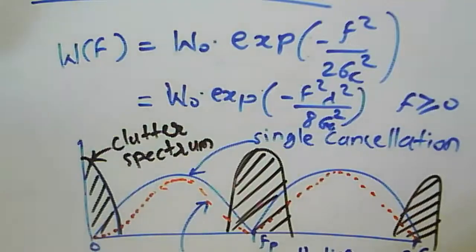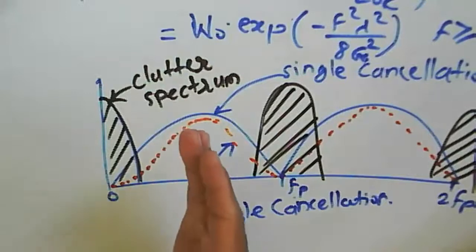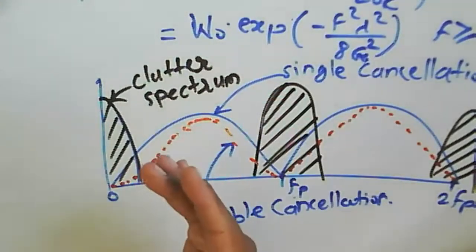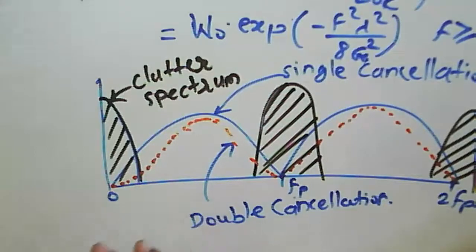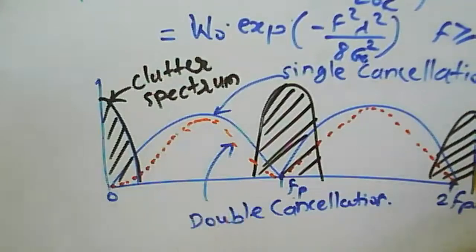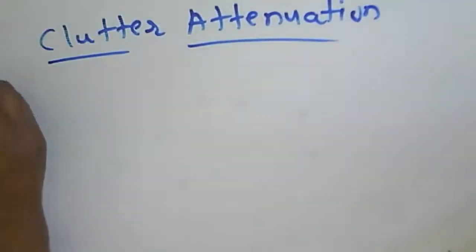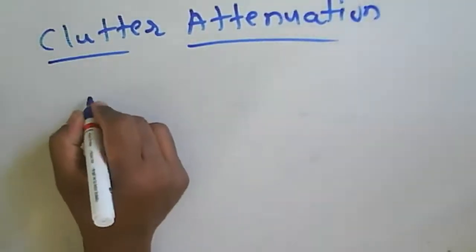A single delay line canceller will just eliminate a target, but a double delay line canceller will remove more clutter. This is the amount of clutter that will be rejected by the delay line canceller.